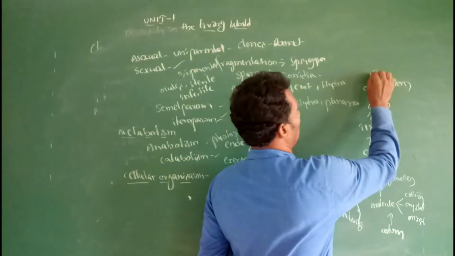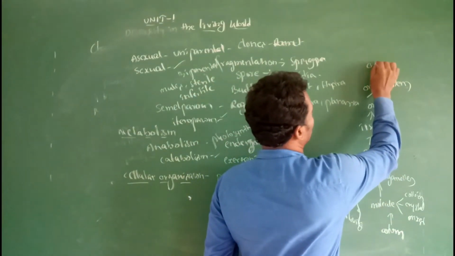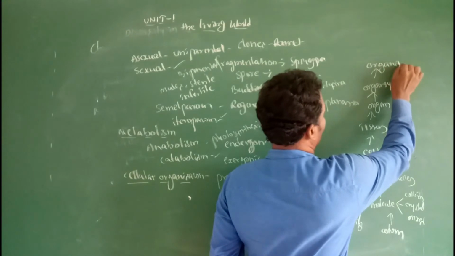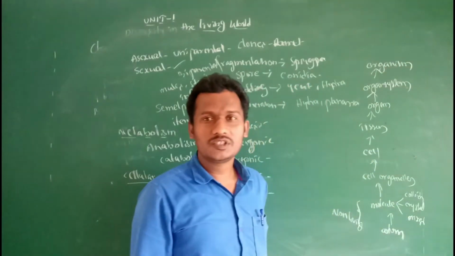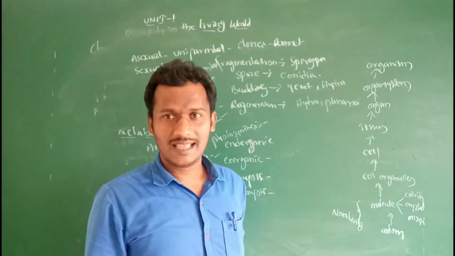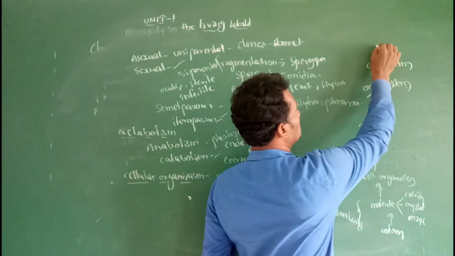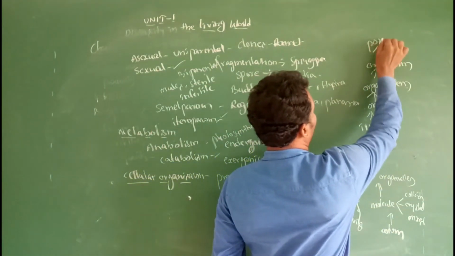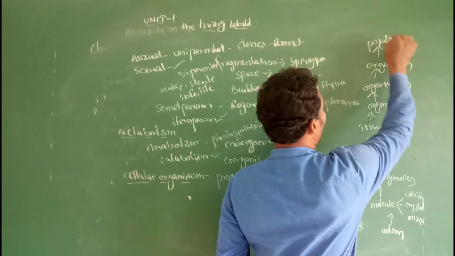Next one, organ system to organism. An organism is an individual. Then individual organism to group of organisms, the population.